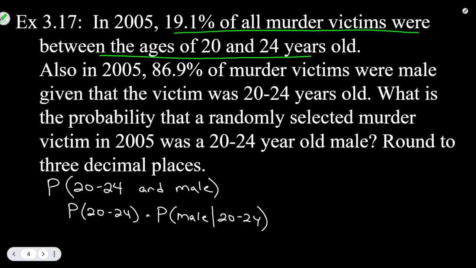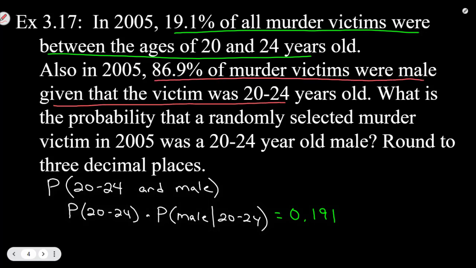That's where we get our first number, and we change that to a decimal, 0.191. For the second part, 86.9% of the murder victims were male given that they were 20 to 24 years old, so that is times 0.869.